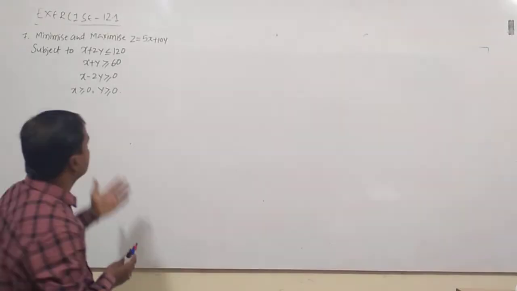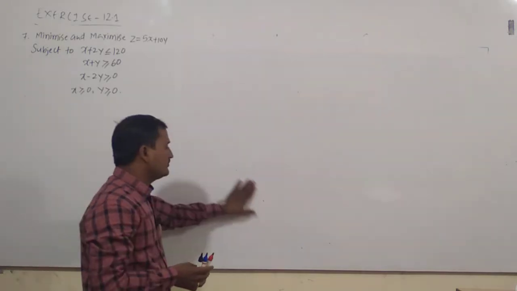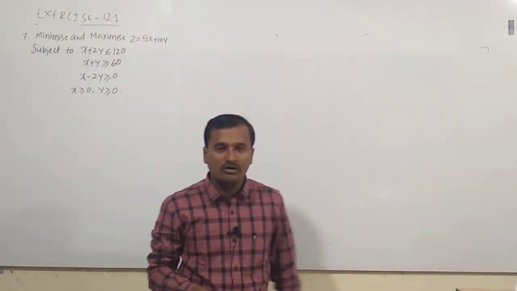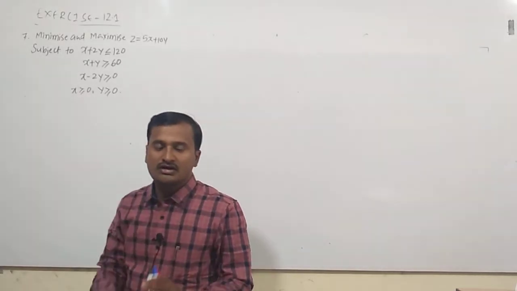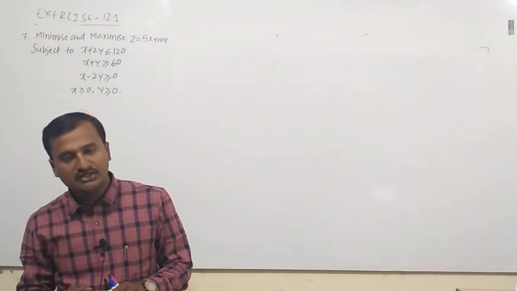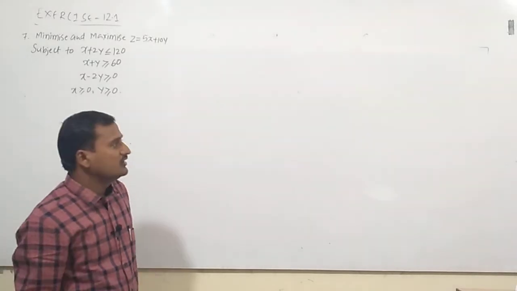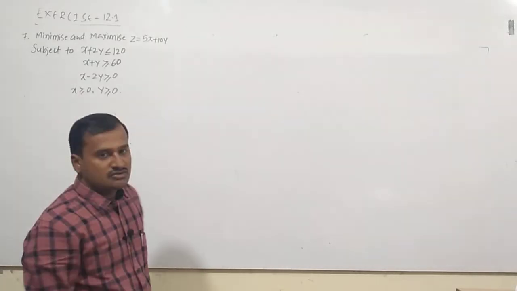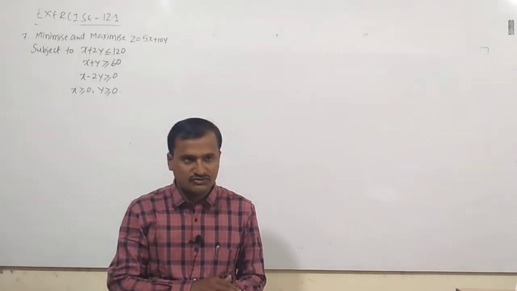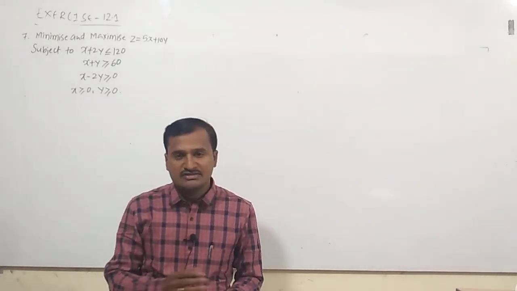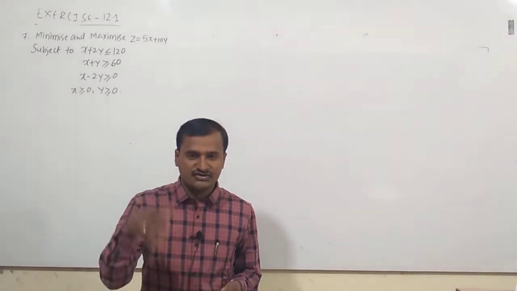Okay, it means that as usual we have to find the maximum or minimum. So in this problem they asked us to find both minimum and maximum, right? So first we should find the maximum and minimum value of z.